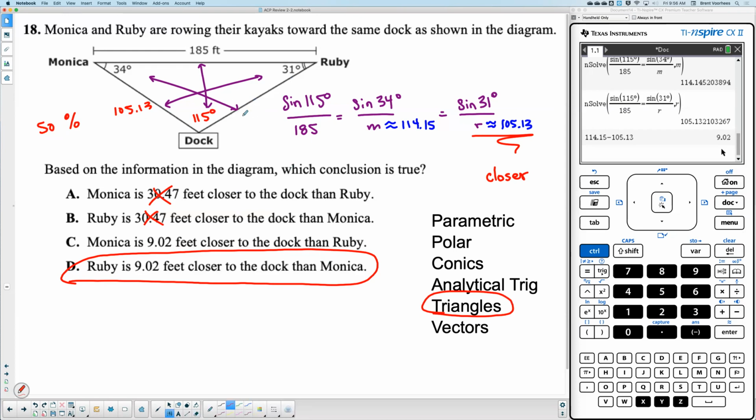This over here is 114.15. Now here's why I got confused, because I use M and R down here. But when you look at it this way, how far is Ruby away from the dock? Yeah, so I used an R there, but this is actually Ruby's distance, 114. This is Monica's distance. Monica is closer.